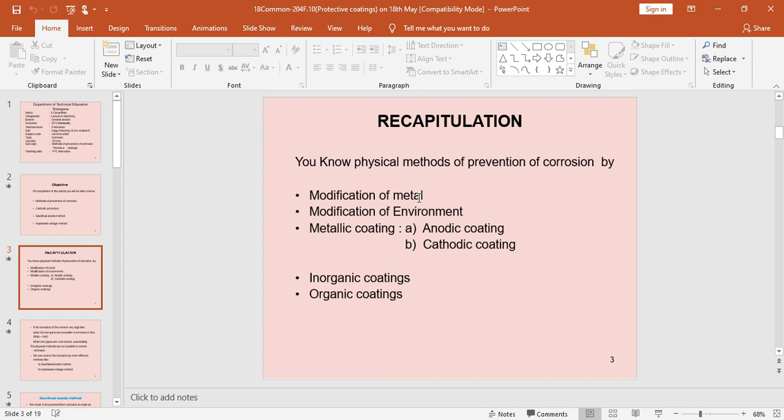These are the examples of inorganic coatings we discussed in the last class. Next, organic coatings: varnishes, paints, pigments, plastics, and PVC, and many other coatings are used to prevent the corrosion of metals. These are the last class points. Note down this one. These are basic points for the upcoming class.